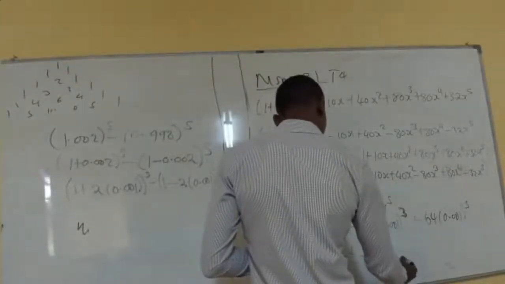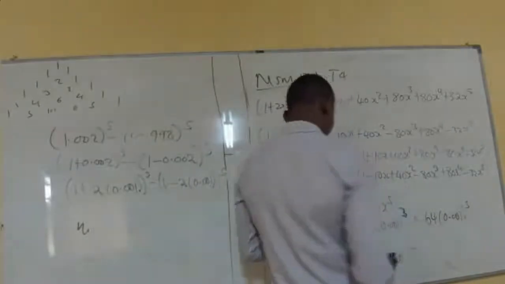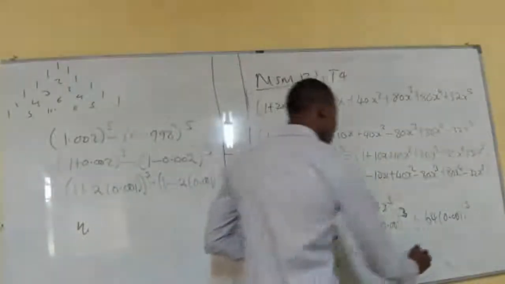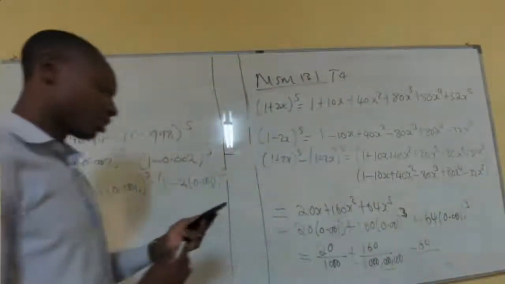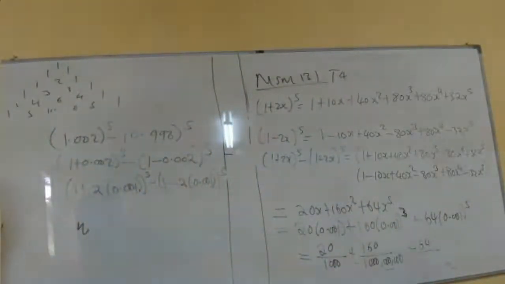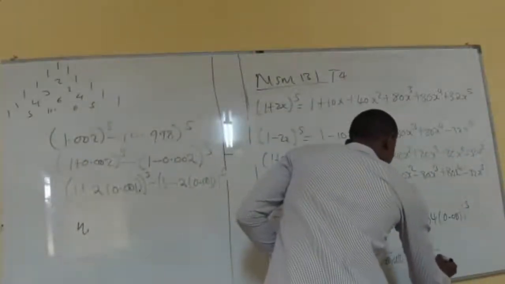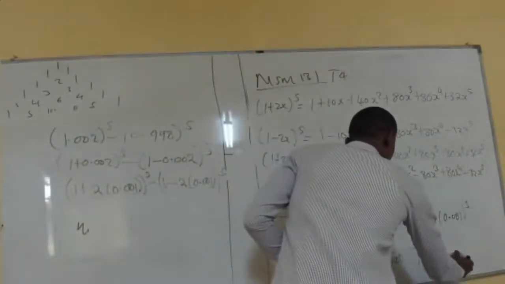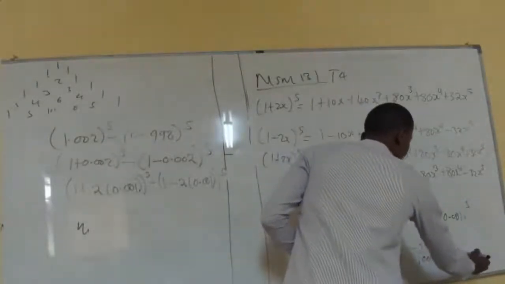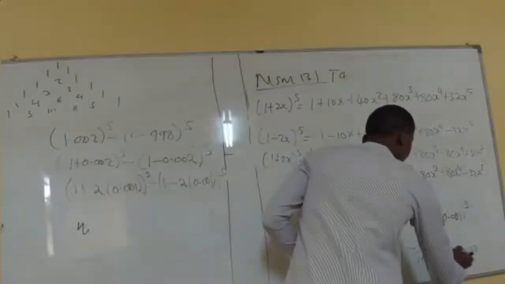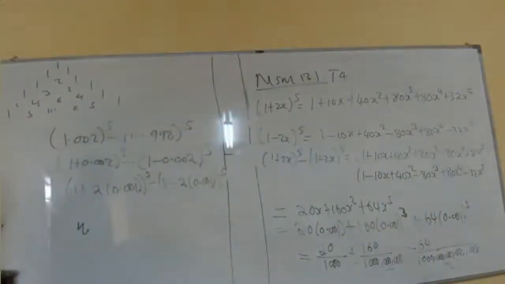You have about 9 zeros, then plus 64 over, so there are 3 zeros, and those 3 zeros are going to appear 5 times. So you have 1 over 1, 2, 3, 1, 2, 3, 1, 2, 3, 1, 2, 3, and 5. It's quite a large number for me to mention.